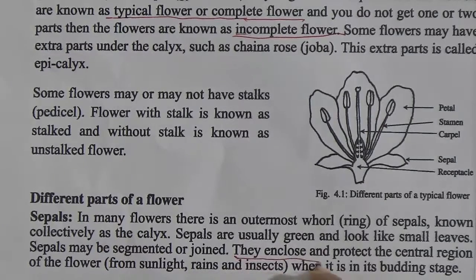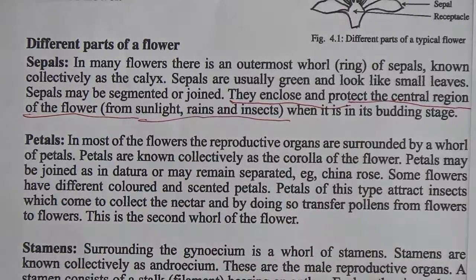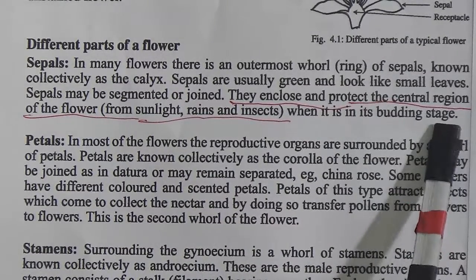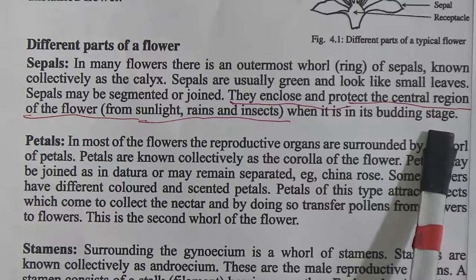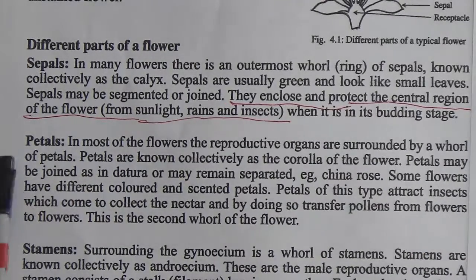This is the function of the sepal, so you have to learn this. When it is in the budding stage, the bud of the flower is covered with the sepal.